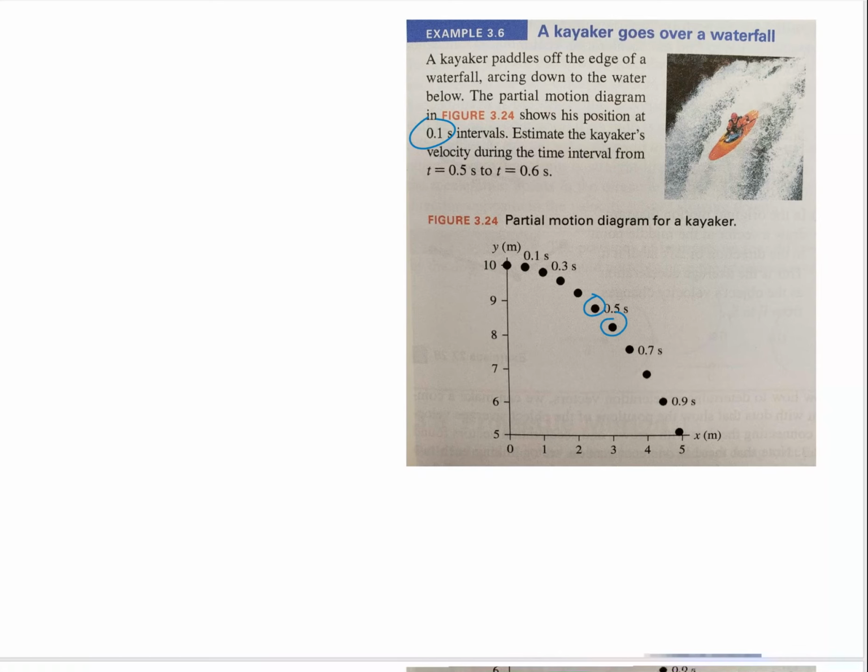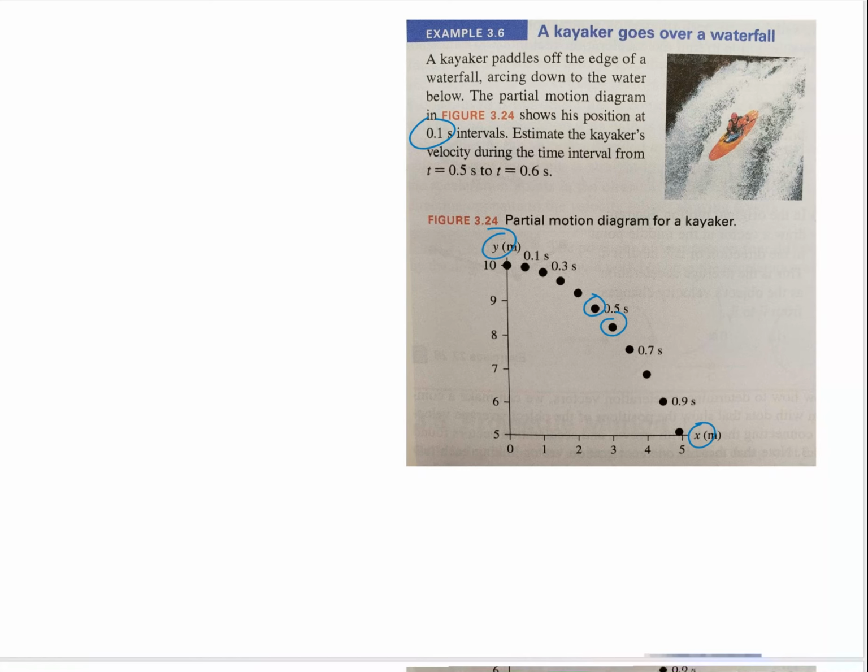So how do we estimate the kayaker's velocity if we are looking at position versus position? Right. So what do we do? We would line up the dots with where they are on the axes. Right? Okay, sure.